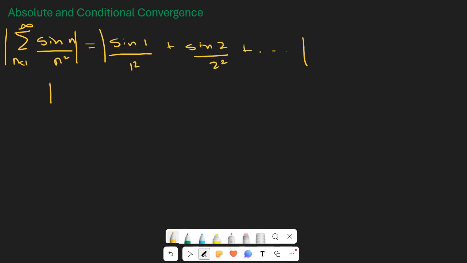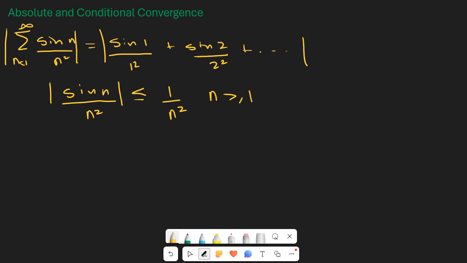So here's what we have. The absolute value of sine of n divided by n squared has to be less than or equal to 1 over n squared. Of course, we got that because sine of n is less than or equal to 1 for all n, valid for n greater than or equal to 1.